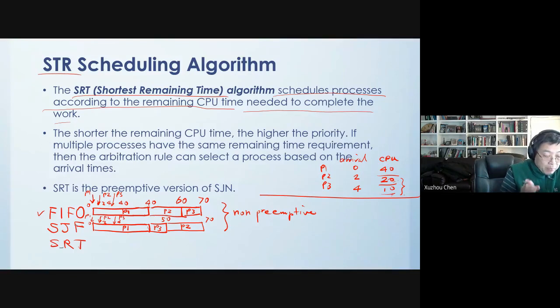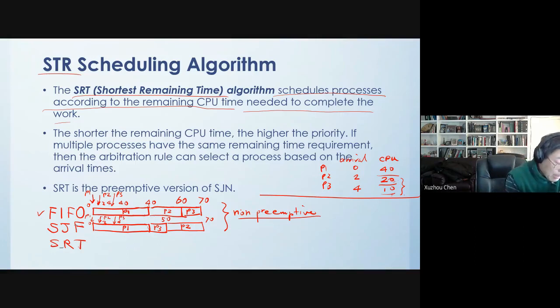Even though process 1 has a very long CPU time and is currently in the CPU, and process 2 or 3 has a short CPU time, process 2 or 3 still cannot run because process 1 is in the CPU. Since it's non-preemptive, you cannot take the process out.